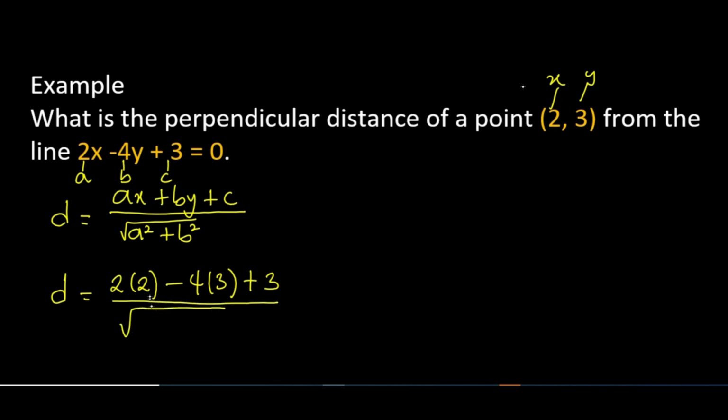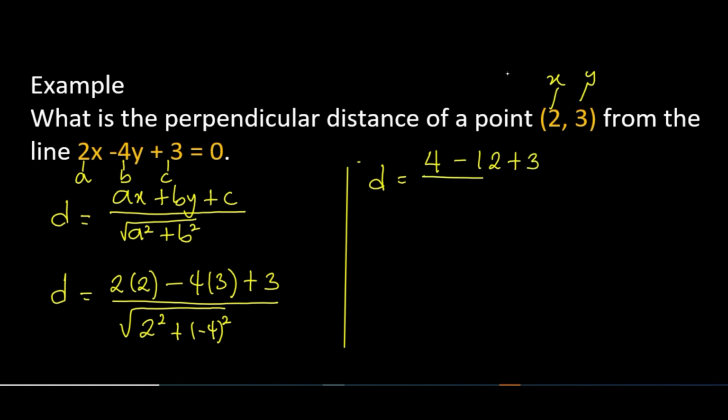Everything divided by the square root of a squared, that is the coefficient of x, which is 2 squared, plus the coefficient of y, which is minus 4 squared. Okay, so the d now is equals to 4 minus 12 plus 3.